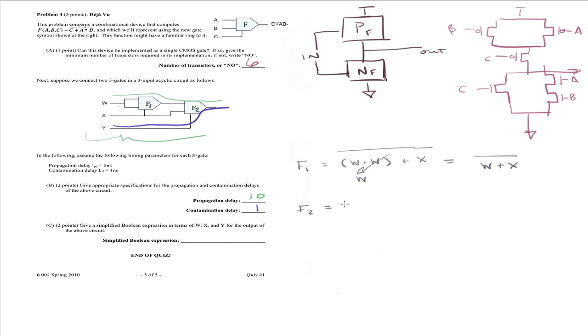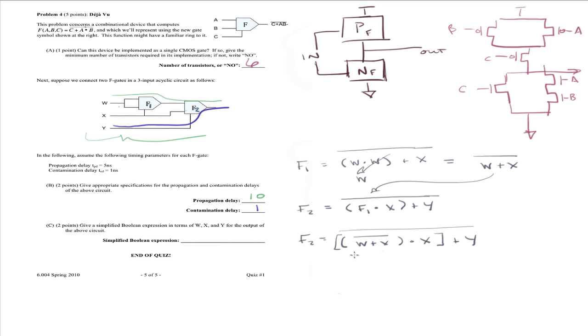Now F2 is the negation of F1 and X, those being the 2 things coming on the flat side to the left, or Y. If we plug this in, F2 is neither W nor X, and X, in that, or Y. If we have neither W nor X right here, and X, that's impossible, because X has to be 0 for this to be true, and X has to be 1.